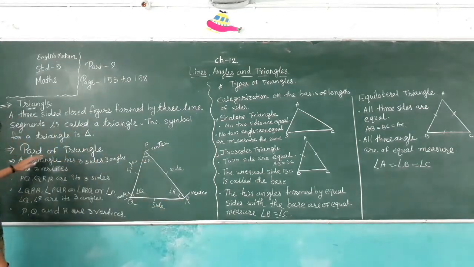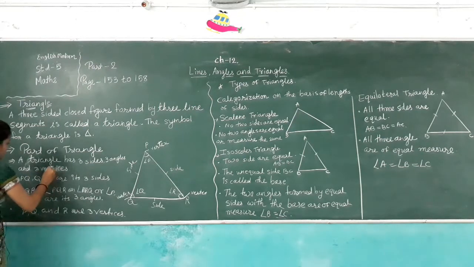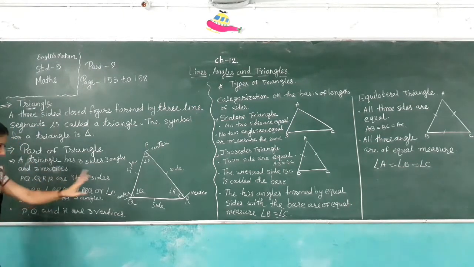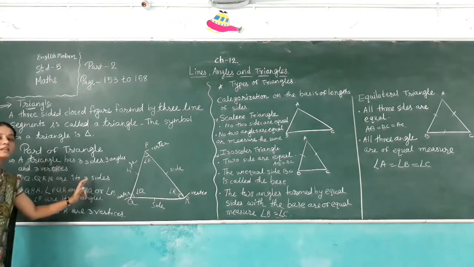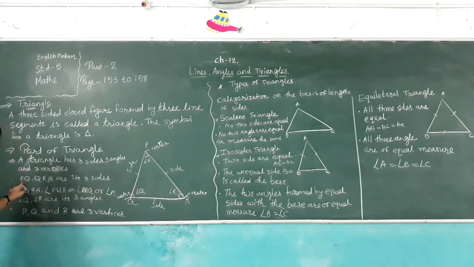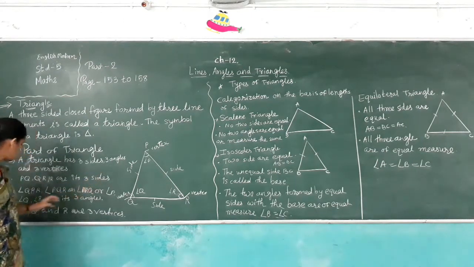So look here, parts of a triangle. A triangle has 3 sides, 3 angles and 3 vertices. PQ, QR and PR are its 3 sides.